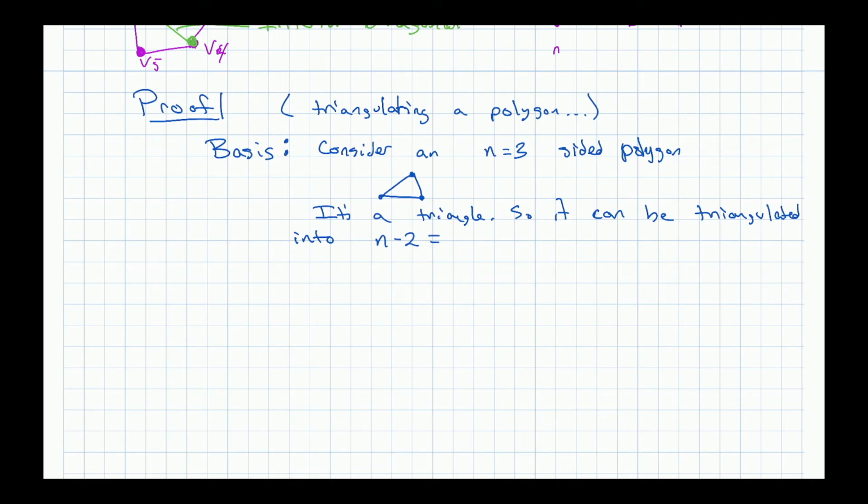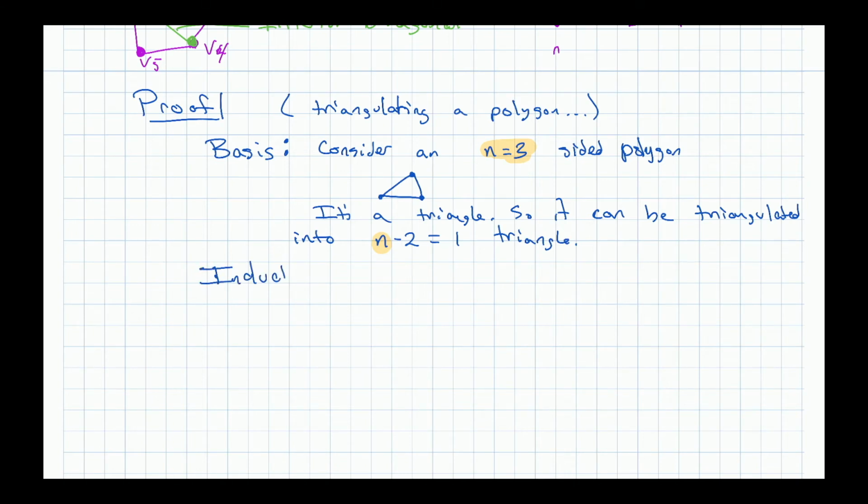Well, if n is 3, then n minus 2 is going to be 1 triangle. Can it be triangulated into one triangle? Yes, of course. It is one single triangle. So that's it for the basis step. A triangle can be triangulated into a triangle. All right, cool. Now, what's the induction step look like?